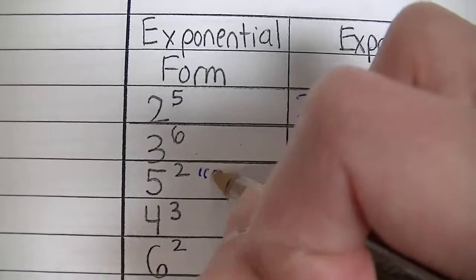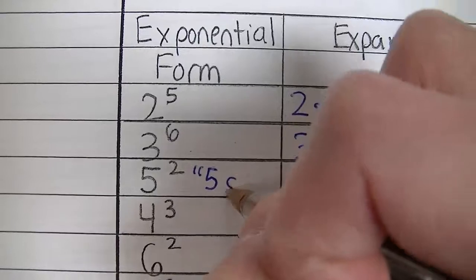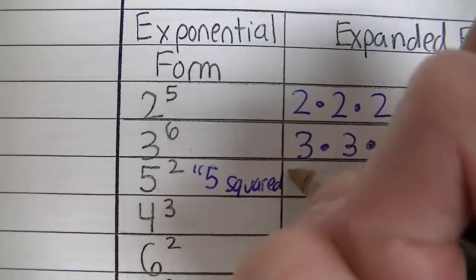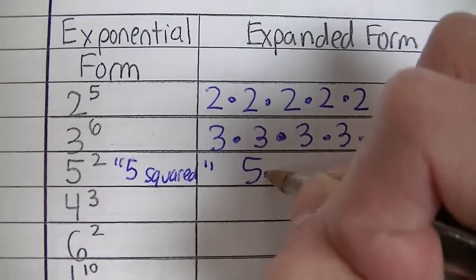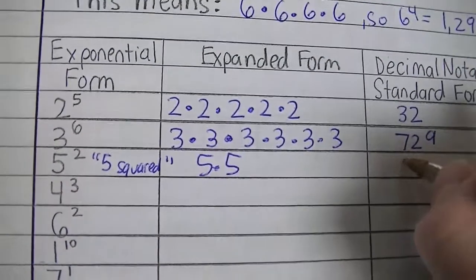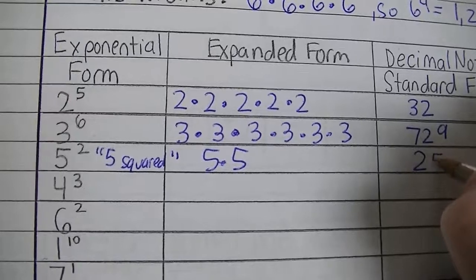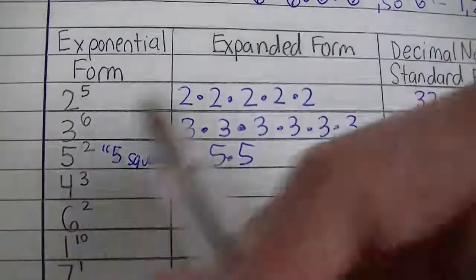When you see it like that, typically people are going to say squared. So this would be 5 squared. Okay? And this would look like this, expanded out. 5 times 5 is 25, so 5 to the 2nd power, or 5 squared, is 25.